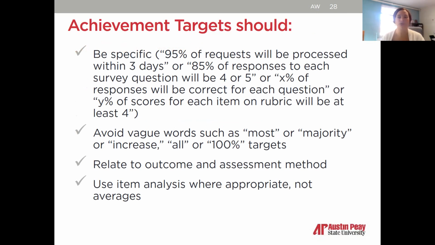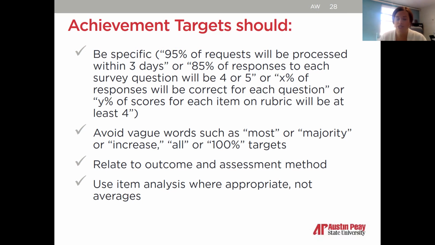We try to get you to avoid things like 100%, or the most or majority of things, and try to be more specific. 100% isn't great, because then it's really either we did it or we didn't. There's no room for growth. Usually when I see a 100% target, that just means that the outcome actually needs tweaked, that there's something in there that isn't quite working out.